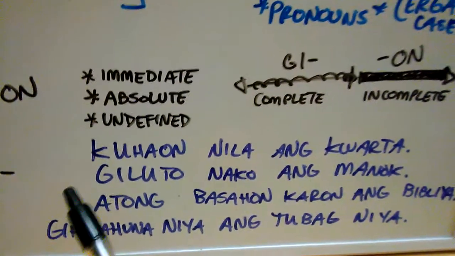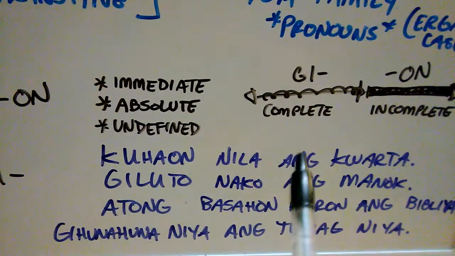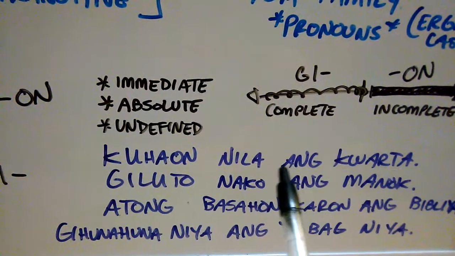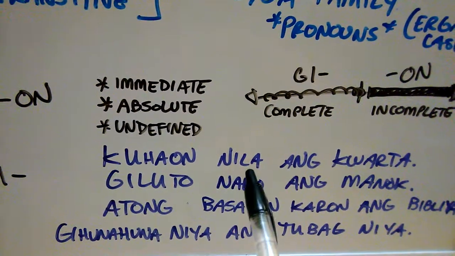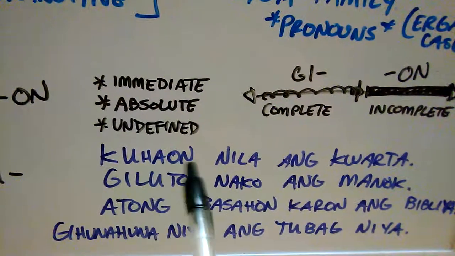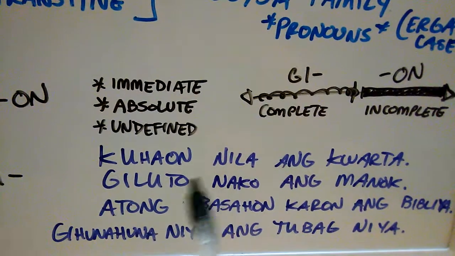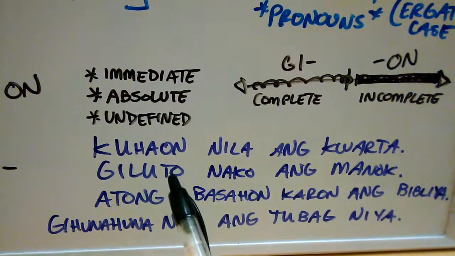All right? It's flexible. As long as it's marked, you can move it around. Kwarta is marked with ang, nila is marked in the ergative case, and kuhaon is conjugated in the ergative case, right? On, nila, it agrees.